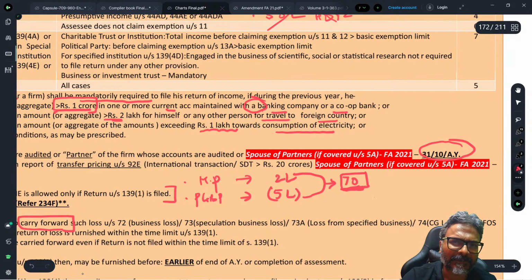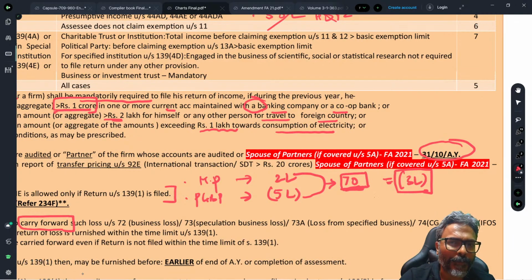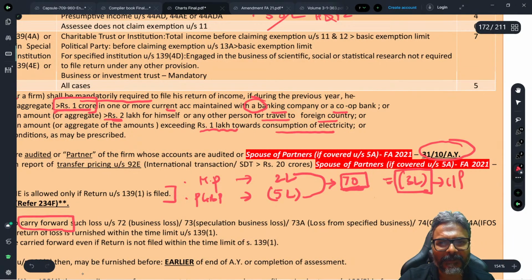But after this set off, students, what is the balance amount? 3 lakhs. Can this balance amount of 3 lakhs be carried forward? And the answer is no. So this carry forward will not be allowed if the ROI has been filed after the due date of 139(1). Set off is allowed, but what is not allowed is the carry forward.